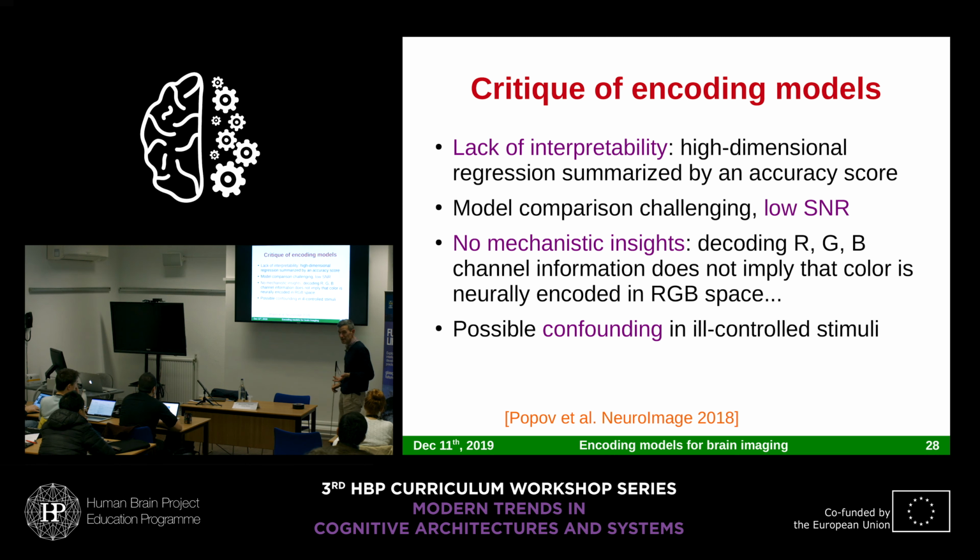This makes model comparison a bit challenging. So this means that you need a lot of data to be able to come to a clear conclusion on whether encoding model 1 is better than encoding model 2. You literally need to present thousands of stimuli to your participants.